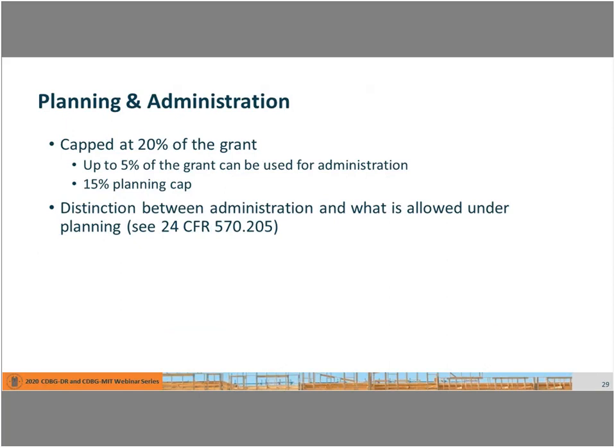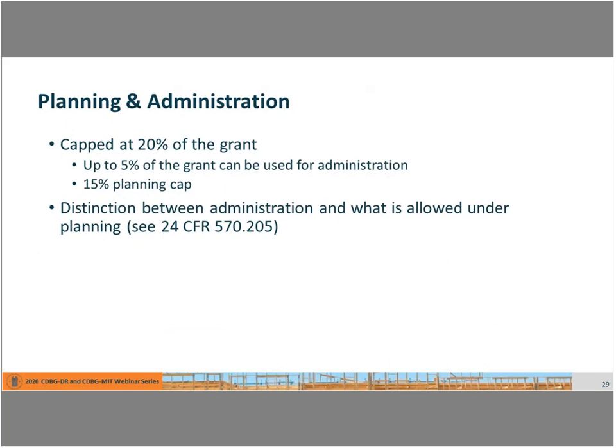In addition to housing, infrastructure, and economic development, you're going to be funding planning and admin. Examples of eligible planning activities include urban environmental design, policy planning, capacity building. The cost of these, the data gathering, studies, analysis, preparation of plans, are all eligible activities.